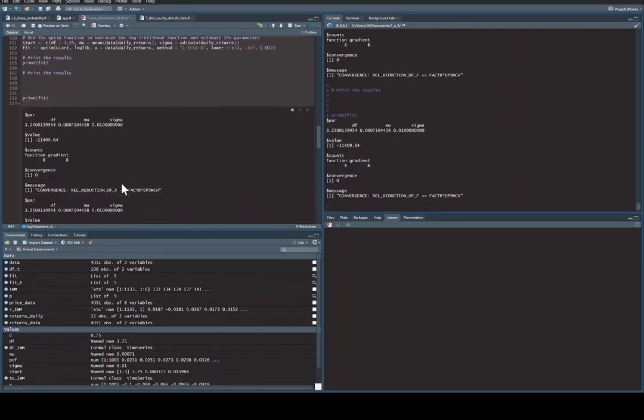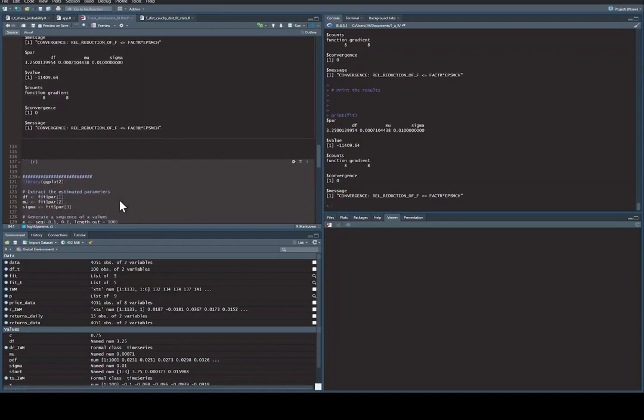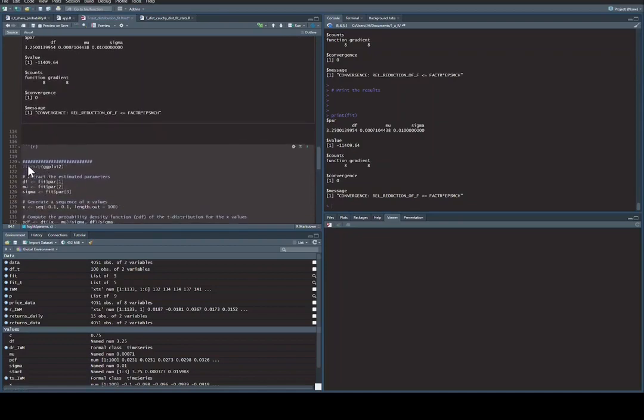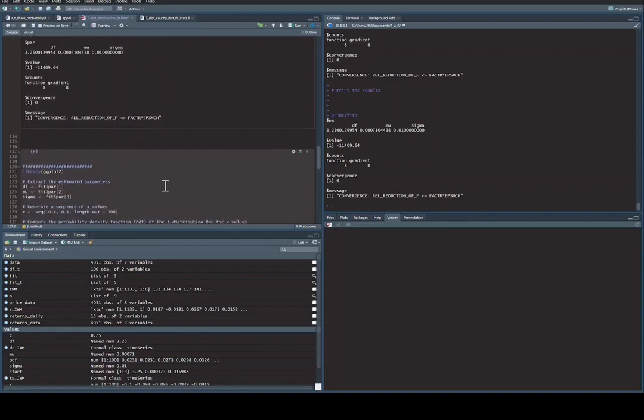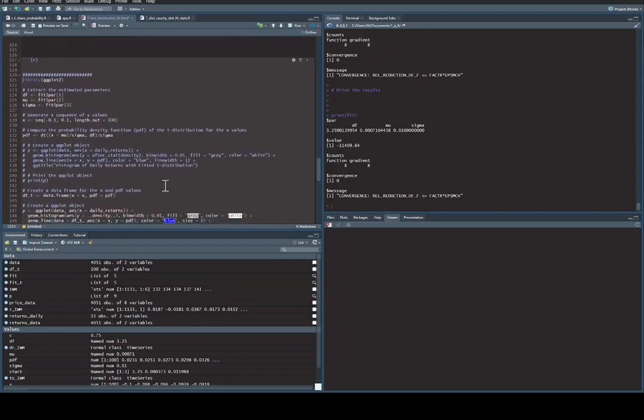Now we'll generate the chart. There it is there. And with library ggplot, we'll fit the chart. It's quite complex fitting it.